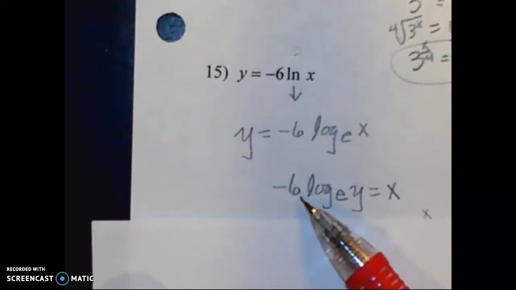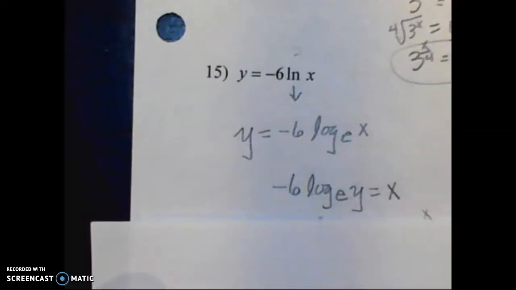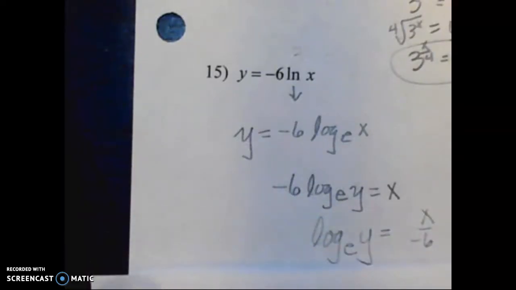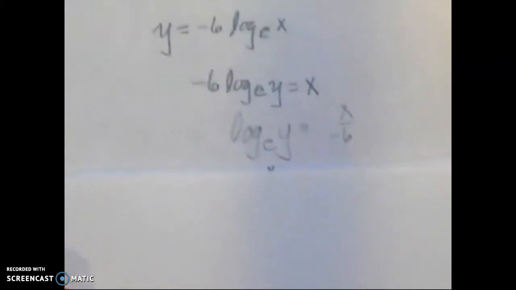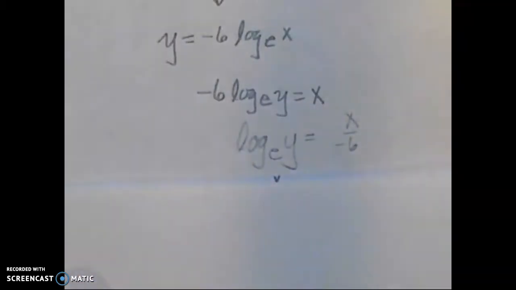We have to move this -6 over to the other side before you try to do anything mathy with this and you try to draw your arrows. So divide by -6 on both sides. Then use your arrows. Here's where we are. So I have e to the x over -6 equals y.